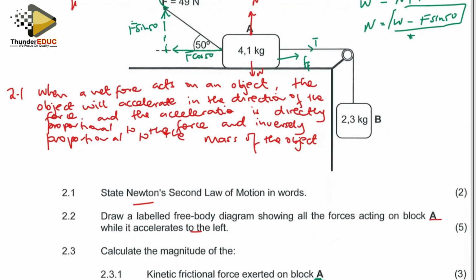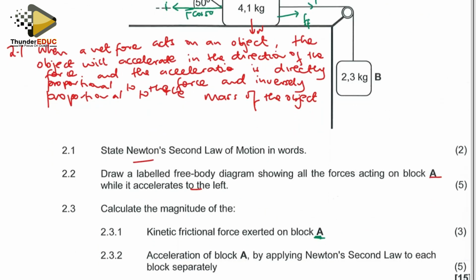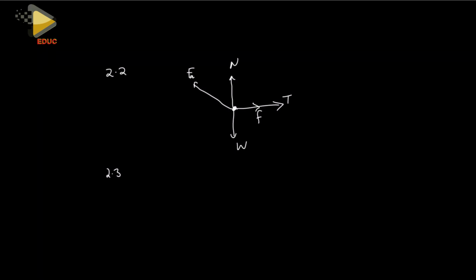Then we know that the frictional force is given as mu multiplied by the normal reaction. So I'm going to jot it this side and say that my F is mu times the normal reaction, but we say that N is the same as the weight minus the F sine of 50.